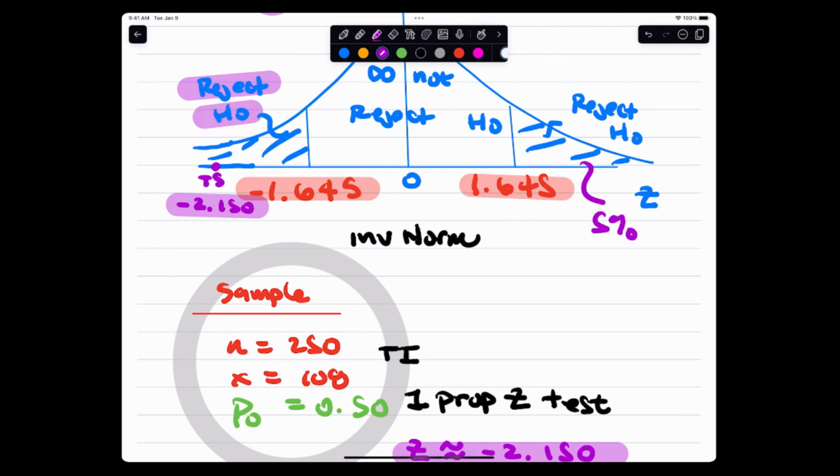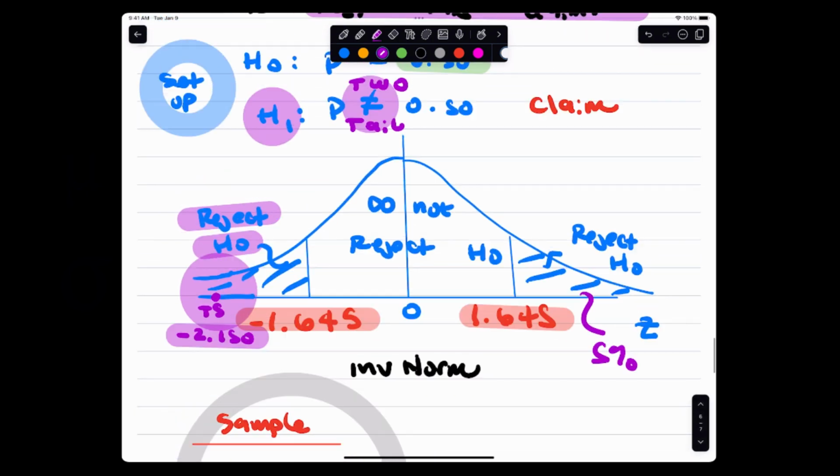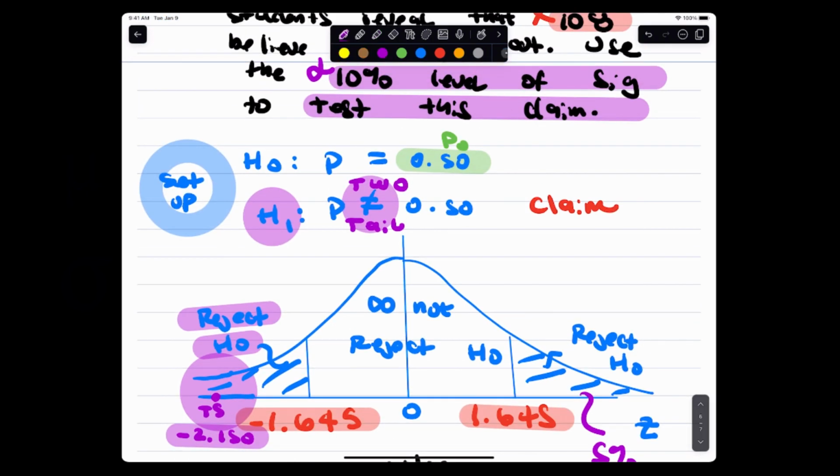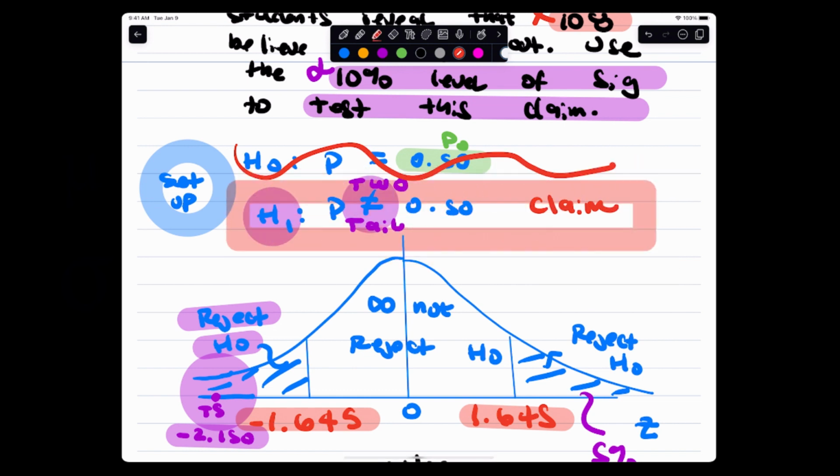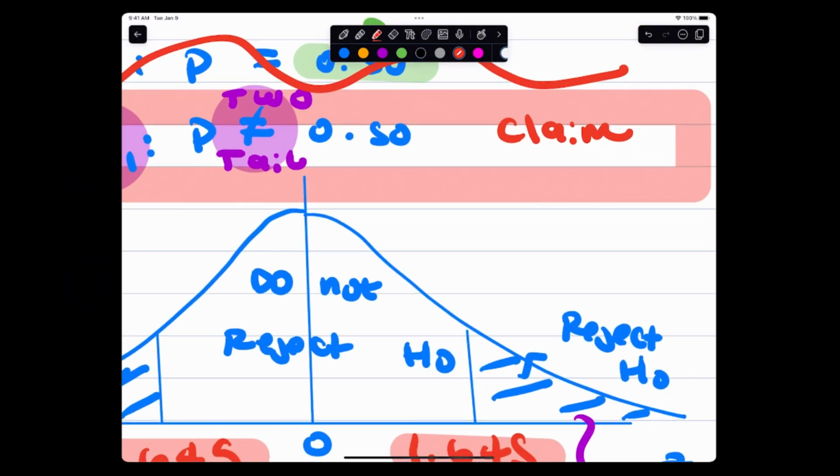You're going to reject the null, because your test statistic is out here. You're rejecting the null. Okay, goodbye, null. The null got rejected, ladies and gentlemen. And if the null's rejected, that means the alternate is accepted. You guys okay with that? Rejecting the null means accepting the alternate.